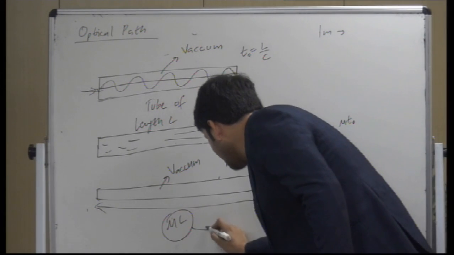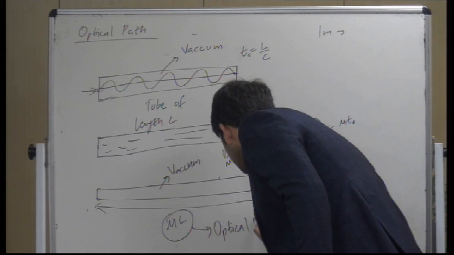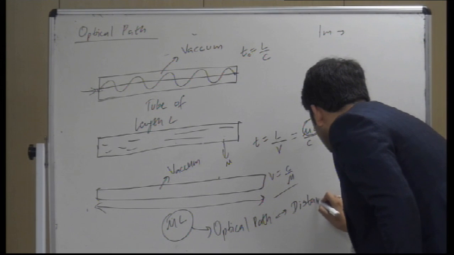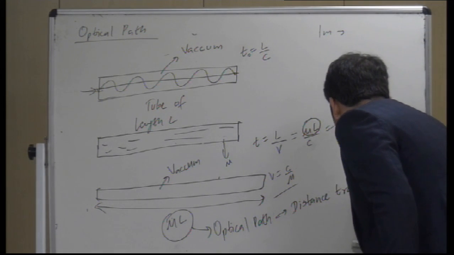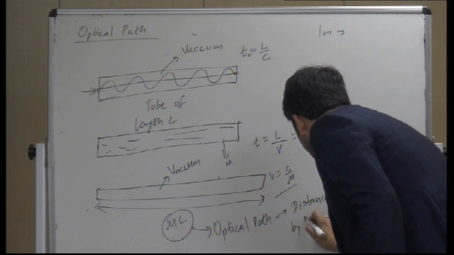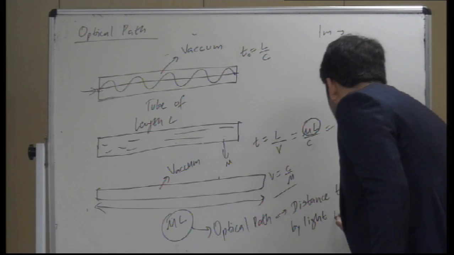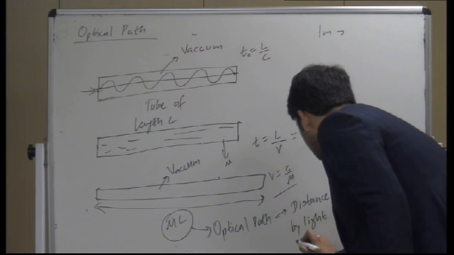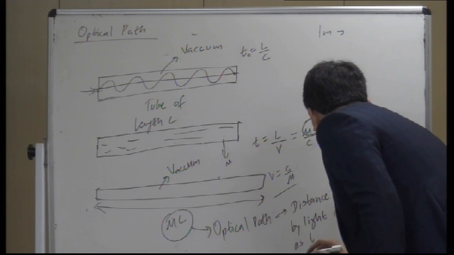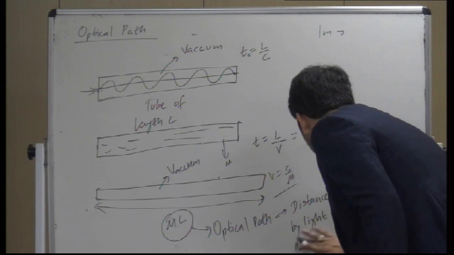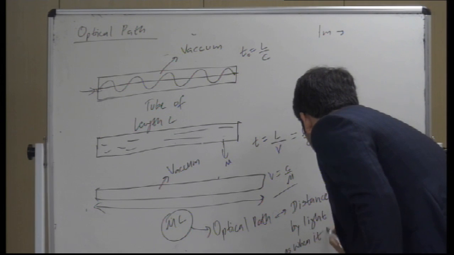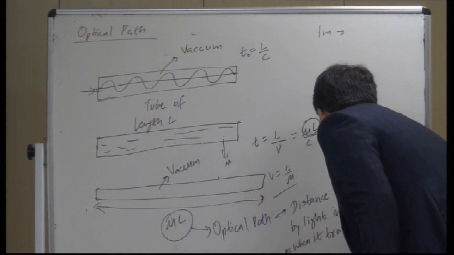So this thing is the optical path, and it is distance traveled by light in same time as when it travels through a medium.